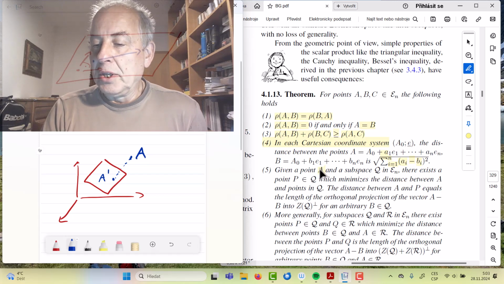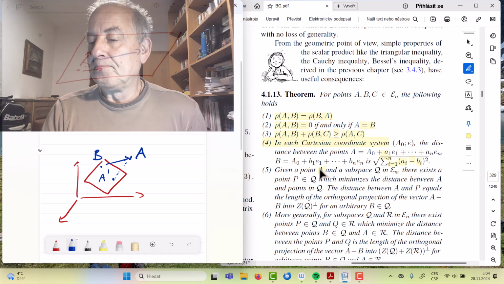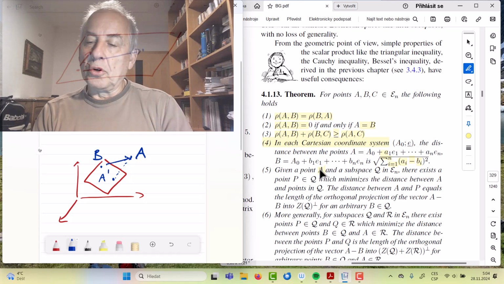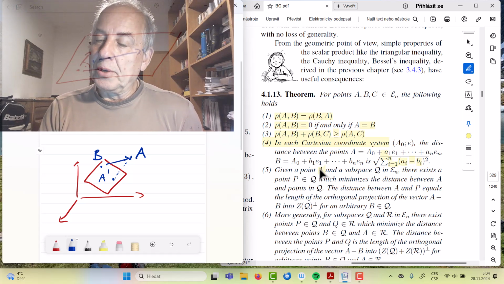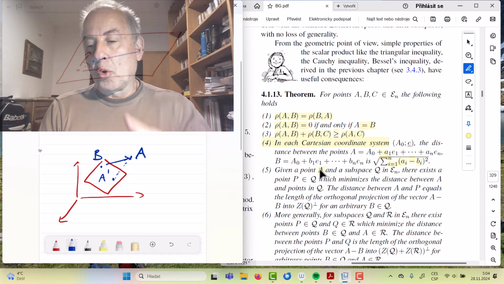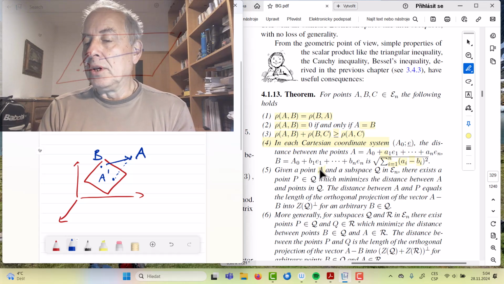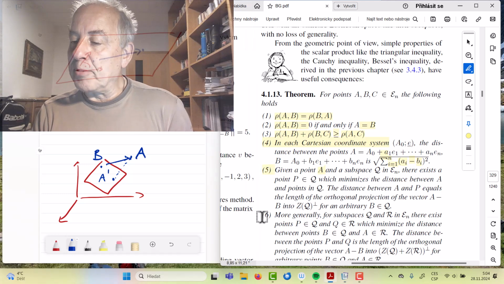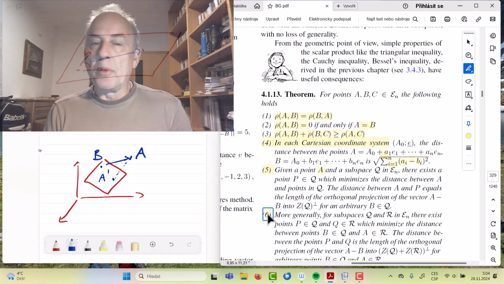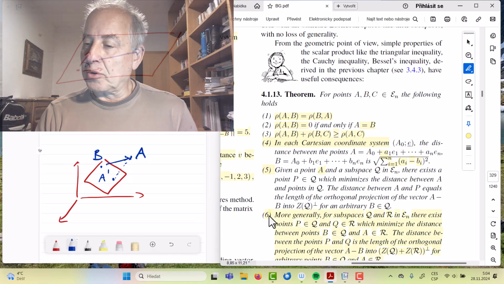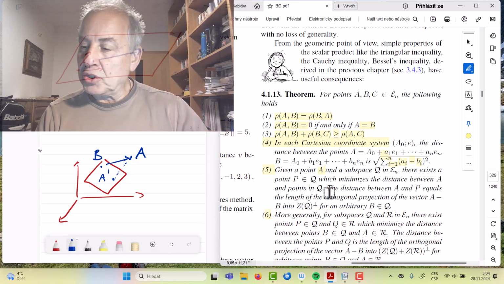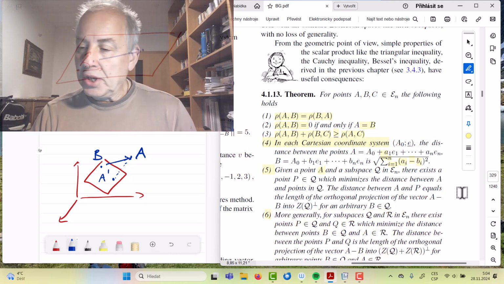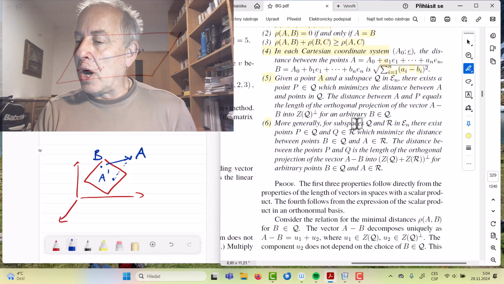We can take any point B here, take this vector and project it orthogonally into the orthogonal complement of the difference space of the plane. And that's exactly what's described in 5 and 6. In 5 it's just for a point, but in n dimensions, and 6 is then for arbitrary 2 spaces.